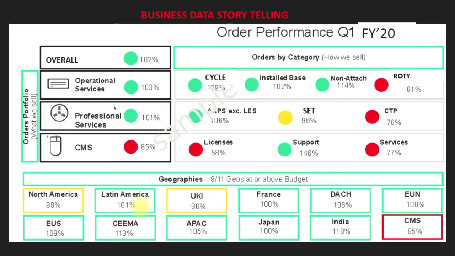Countries in the green box have either exceeded or met the budget. Countries in the yellow box have come almost near, but have not met the budget, and hence it is yellow. And the countries or regions in the red box have not met the budget and hence require attention from the management. This is the first model.